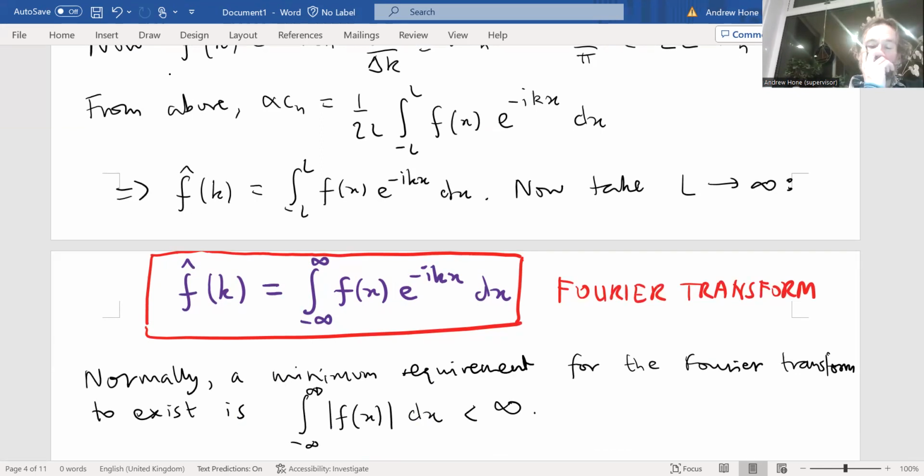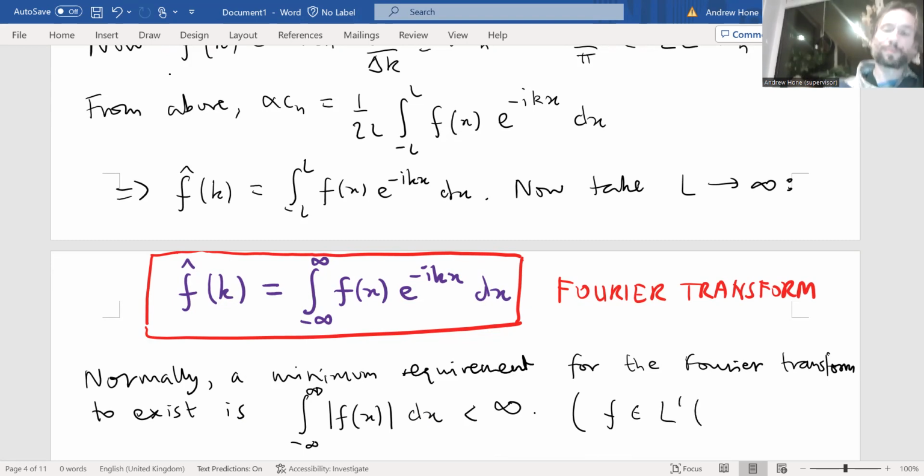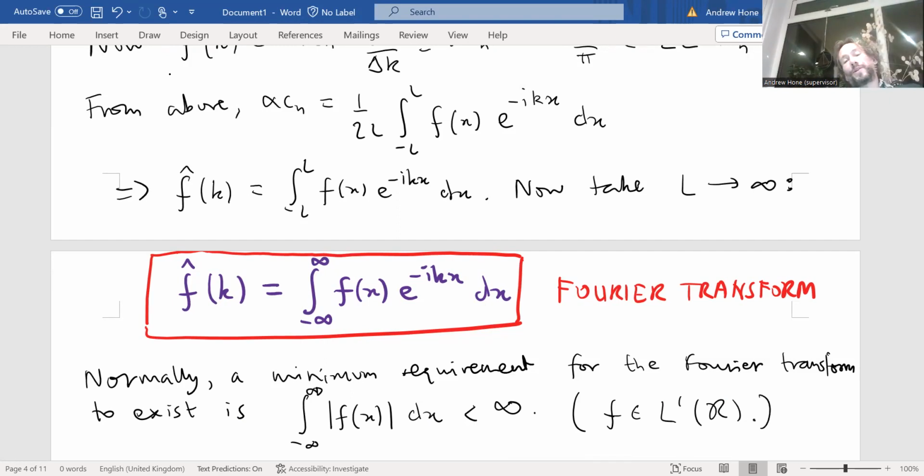Okay, so there's a way of saying that, which is what's called L^p spaces. What you say is that f is in the space L1. That's the set of all functions such that mod of f is integrable on the whole real axis. So that's a notation for those functions that satisfy that condition.